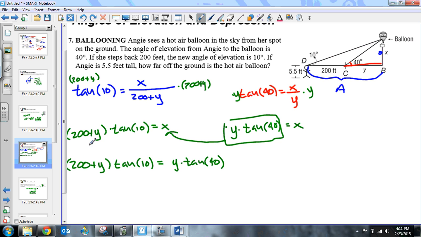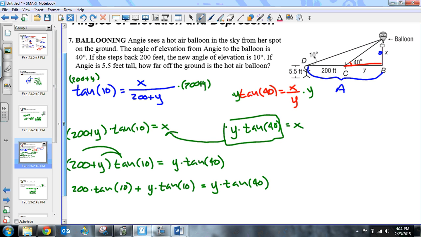Now I want to solve for y. Once I solve for y, I can then solve for x. So I want to distribute tangent of 10. I get 200 times the tangent of 10 plus y times the tangent of 10, and that's going to equal y times tangent of 40. Bear with me.